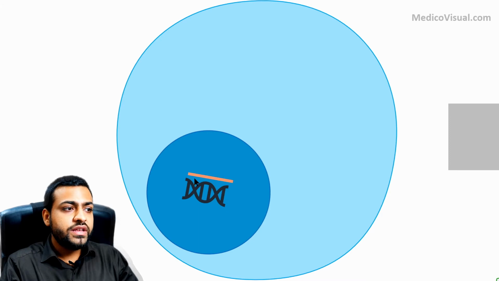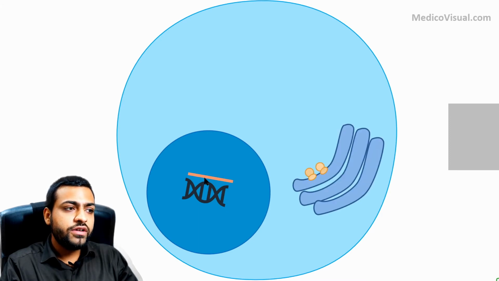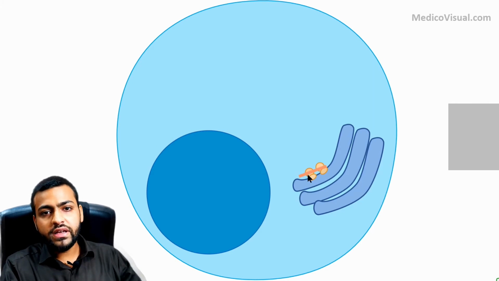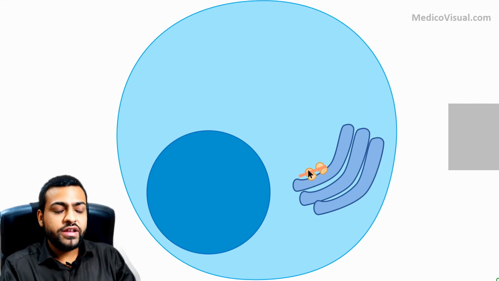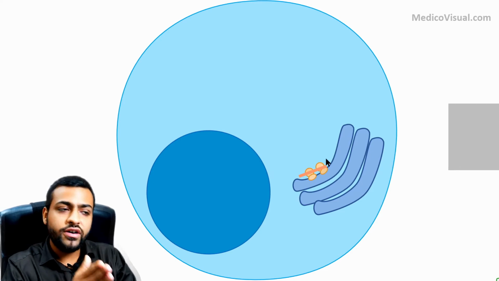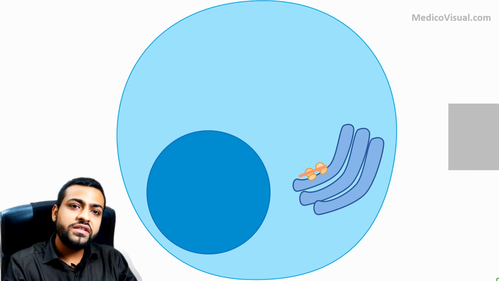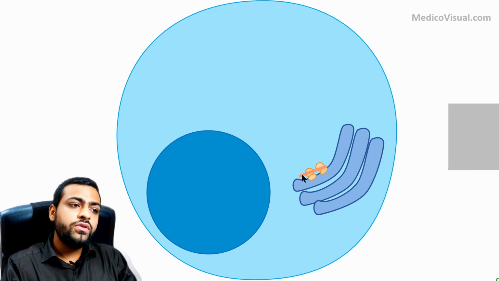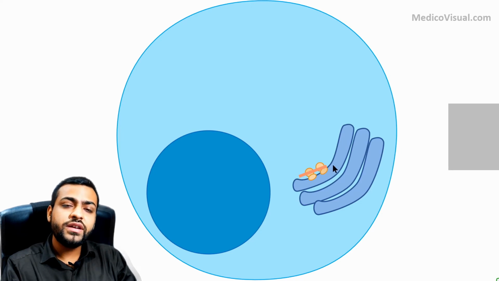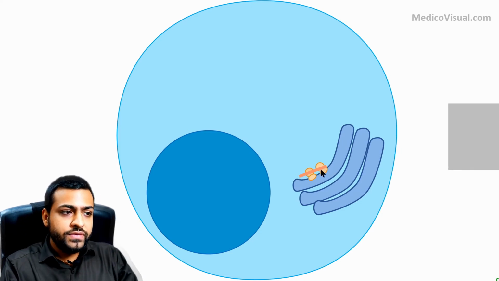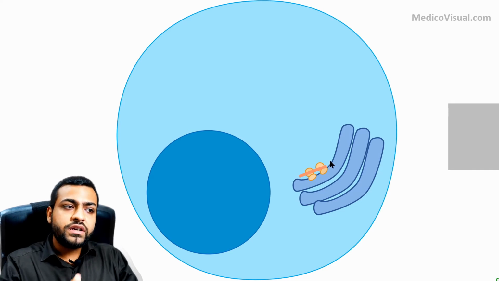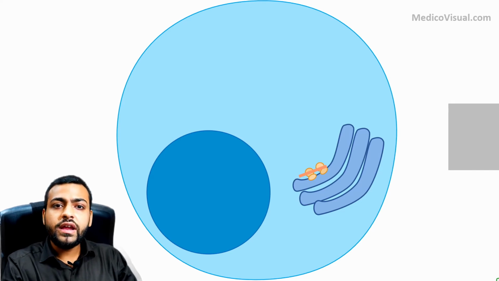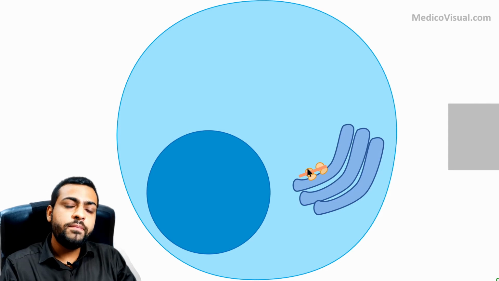And this messenger RNA will come out of the nucleus and go to, what is this? Rough endoplasmic reticulum. This is endoplasmic reticulum with ribosomes attached on its surface, and that is why it is rough endoplasmic reticulum. So mRNA will go towards the rough endoplasmic reticulum, and here these ribosomes will translate this mRNA into a protein, into a polypeptide.